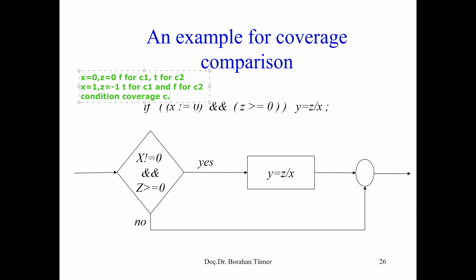I wouldn't need any more. Why? Because each value of each predicate has been tested using these two test cases, right? C1 is tested for its false and true values, and C2 is tested for its true and false values using these two test cases. So I wouldn't need any more test cases.